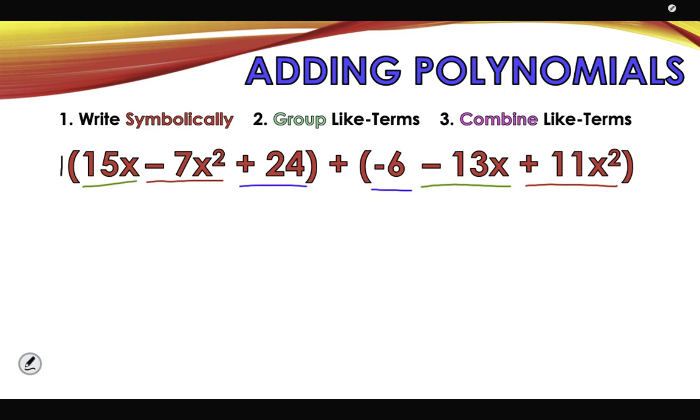We do not need to distribute these ones, so I get to just rewrite everything. Plus negative, well, let's just write minus. And I'm going to keep underlining these things.